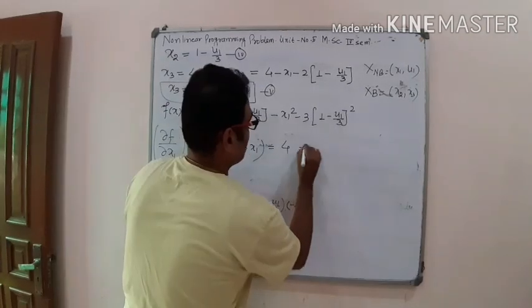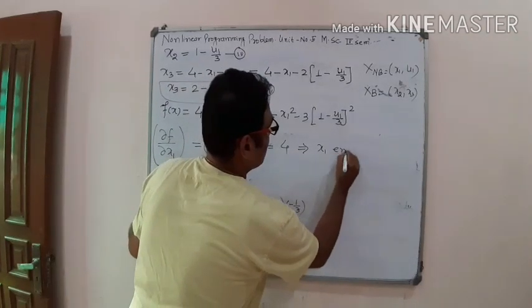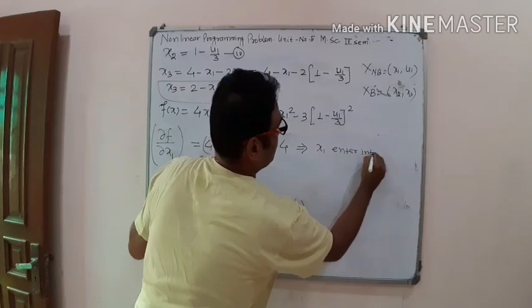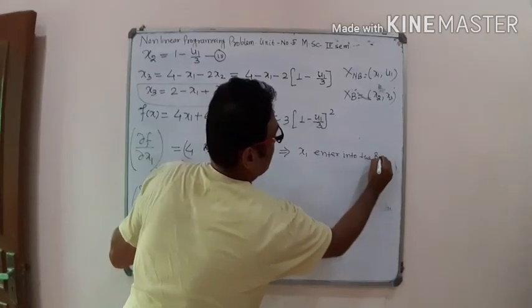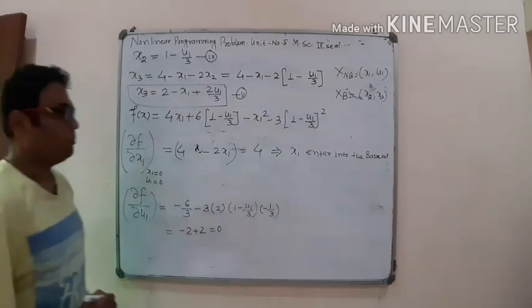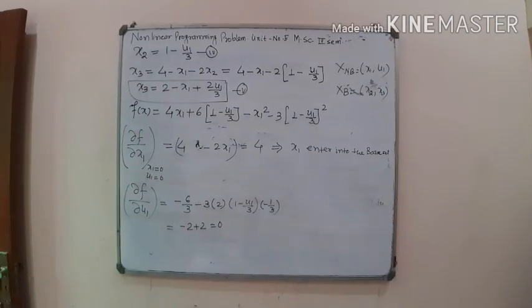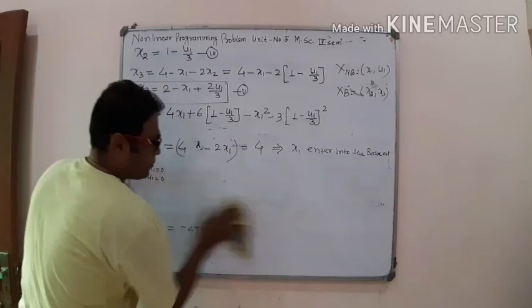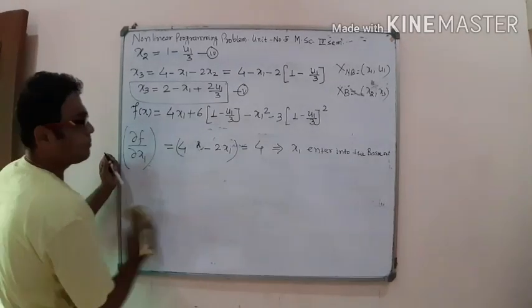So what does it imply? It implies that our x1 enters into the basic set. Now we compute the minimum ratio for removing the variables.